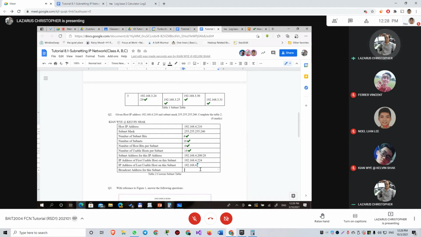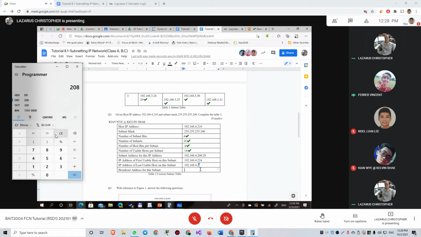The first usable is usually the address after the subnet address.